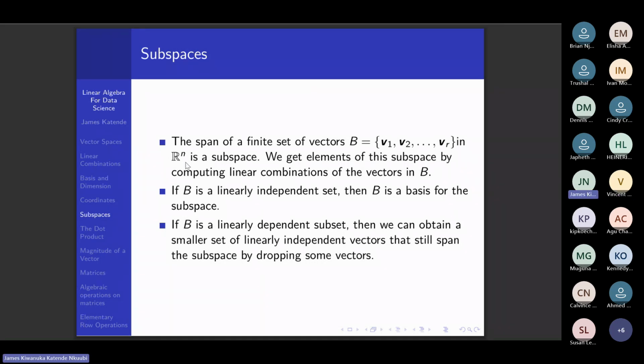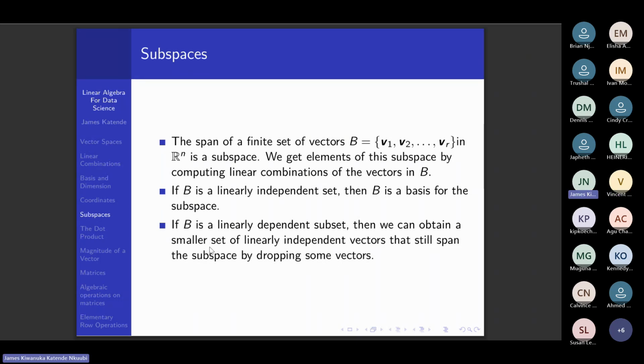You'll get a span of the set of vectors B. Now if you add one more condition, if it turns out that B is a linearly independent set, then that set becomes a basis for your subspace. If B is linearly dependent, again, not all is lost. We can still recover something out of this.